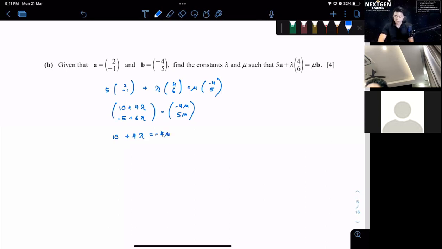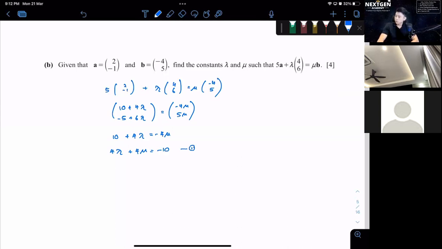I like to consider it like x and y, so you can always use your calculator to double check also. So I put it as 4 lambda plus 4 mu equals to negative 10, not 10. Okay, negative 10. This will be my equation 1.